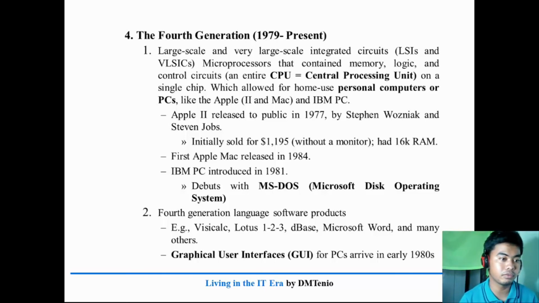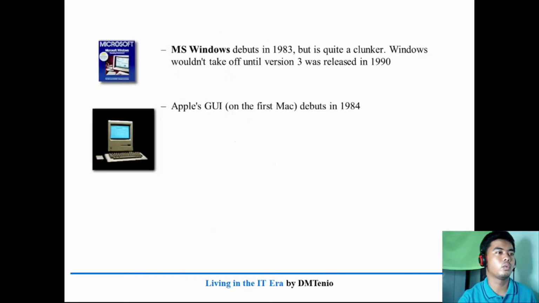The graphical user interface or GUI for PC arrives in the early 1980s. Then Windows debuts in 1983, but it's quite a clunker. Windows couldn't take off until version 3 was released. This is the Apple GUI. That was the start of operating systems, for example from Microsoft and Apple.